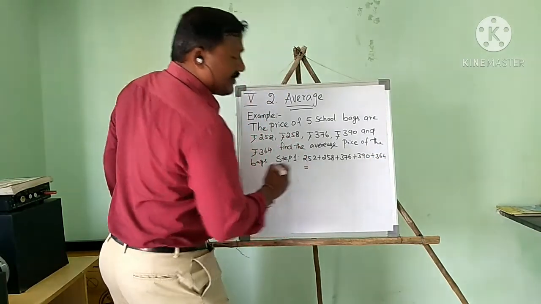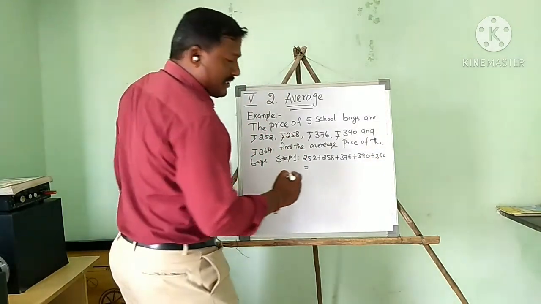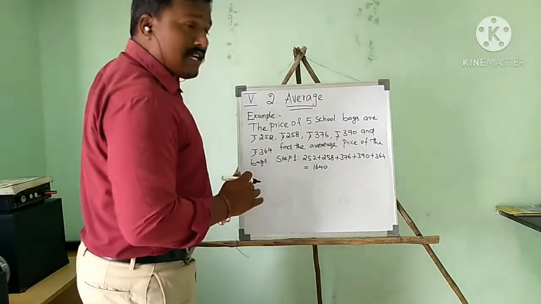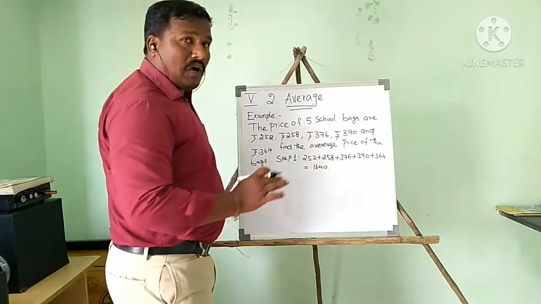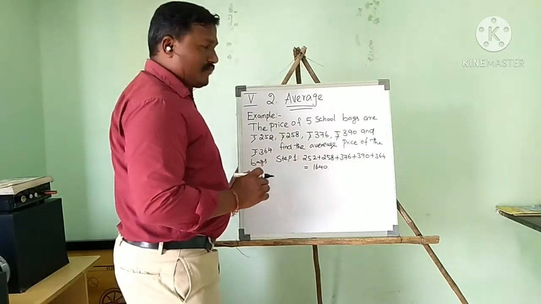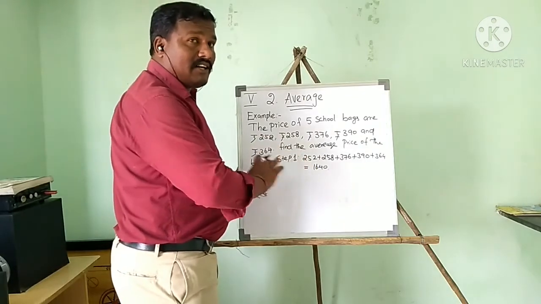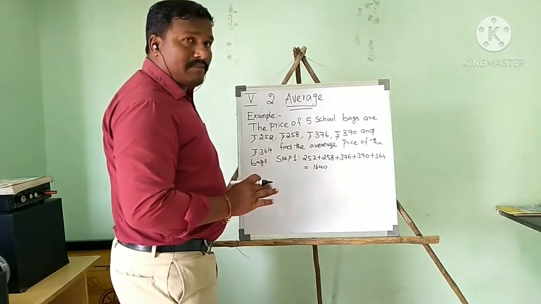If you add, you will get 1640. Okay, first step, I found the sum of all the addends, meaning all the numbers.